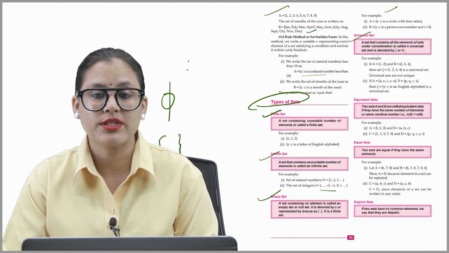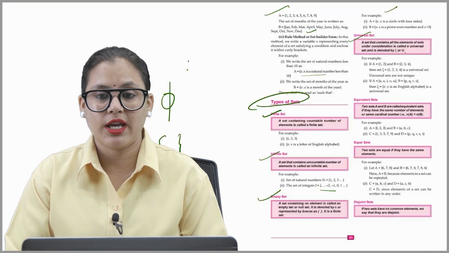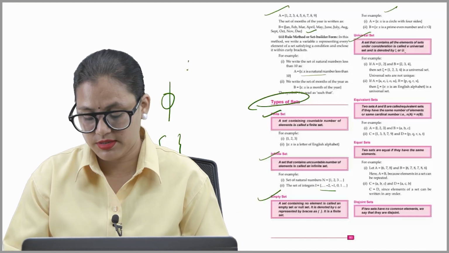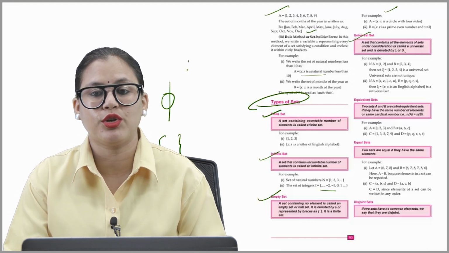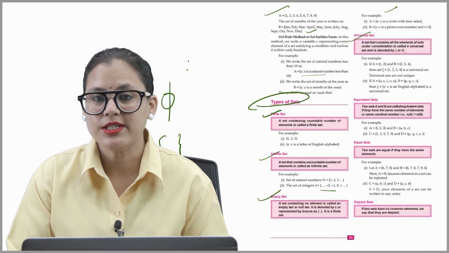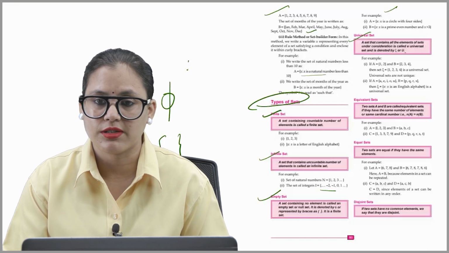And universal sets are not unique. Number 2, if A is the vowels of the alphabet and B equals {P, Q, R, S}, then the universal set is {x such that x is a letter of the English alphabet}, right?